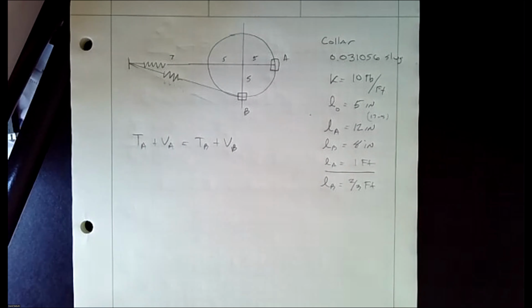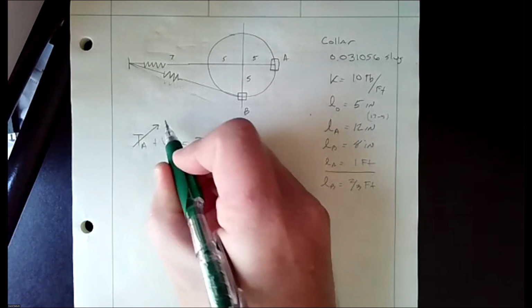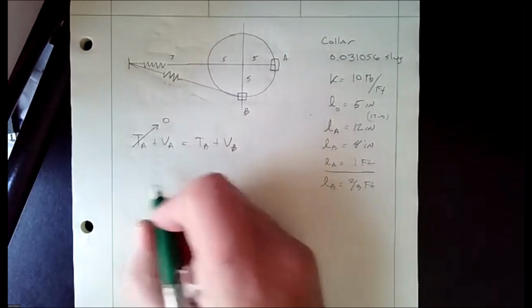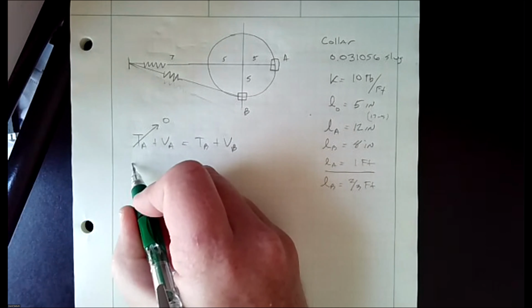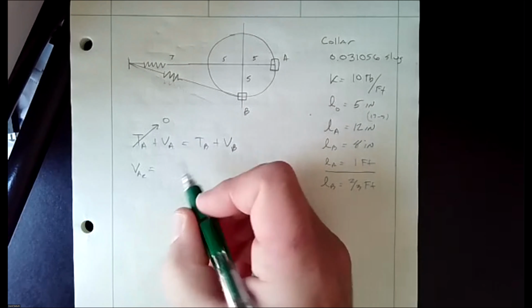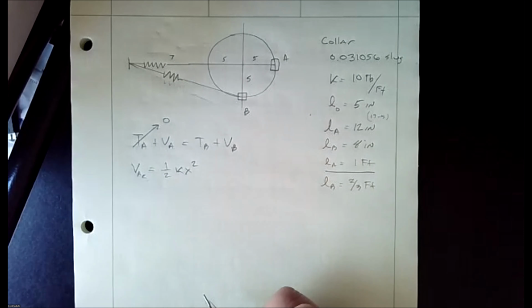So first off, we know that at A, there's no kinetic energy. We start at A at rest. And then we want to figure out what is our elastic energy at A. So if we break this down, we're going to have VA elastic, and that's just going to be 1/2 kx squared.